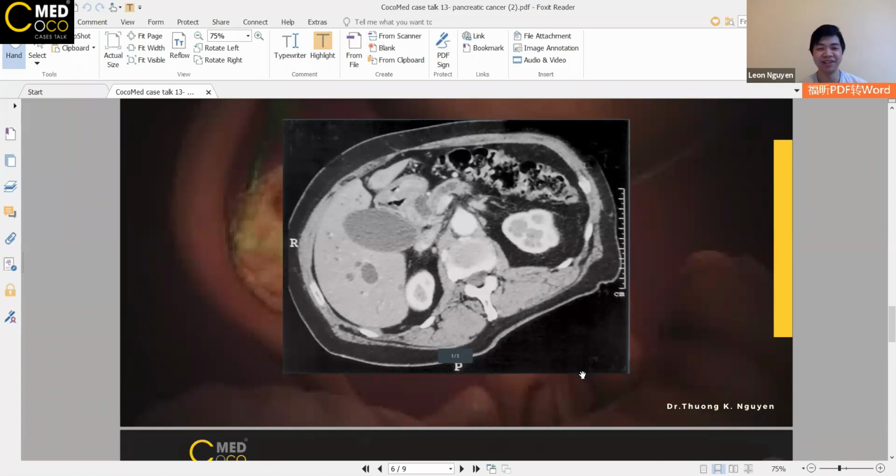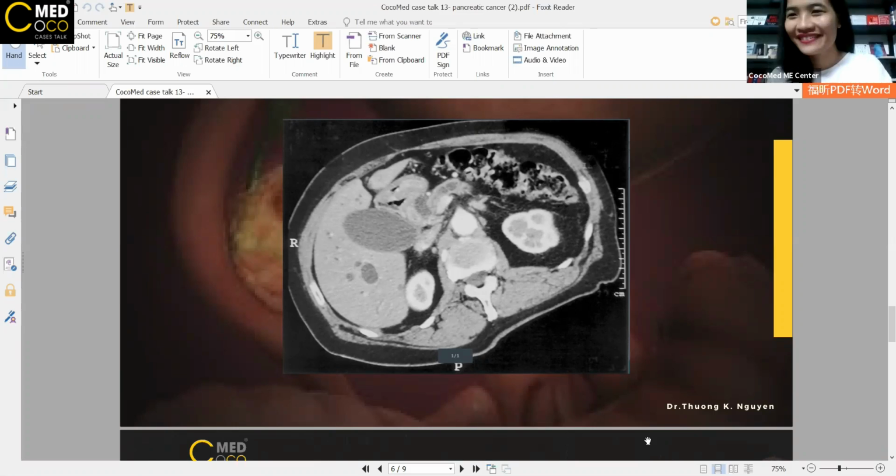For us, I think it is right, because for a Western person the weight is very high, maybe over 80 kilograms. So 5% is okay. Yeah, I agree.